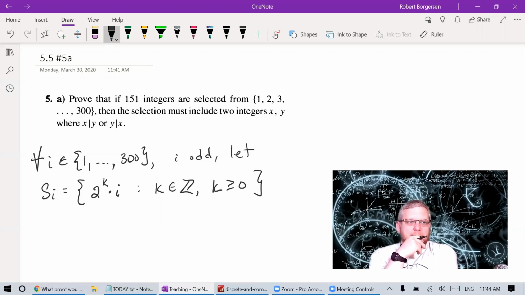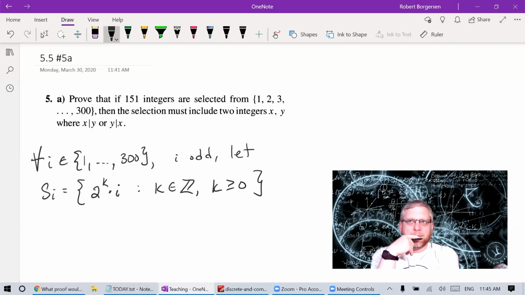What else? How about 11? 11 is prime. That's easy. How about 15? Where's 15? Well, 15 is 2 to the power of something times an odd number. What is it? Well, it's 2 to the power of 0. There's no 2's in 15. So times the I then is 15. So 15 is in S15, right?